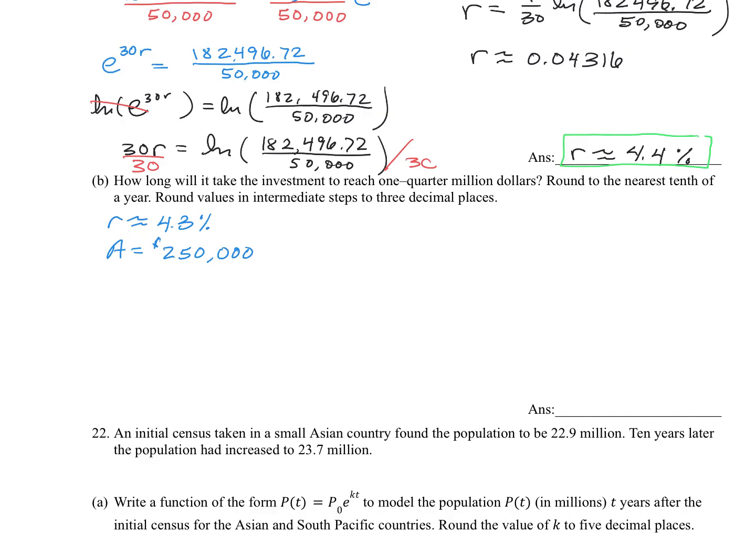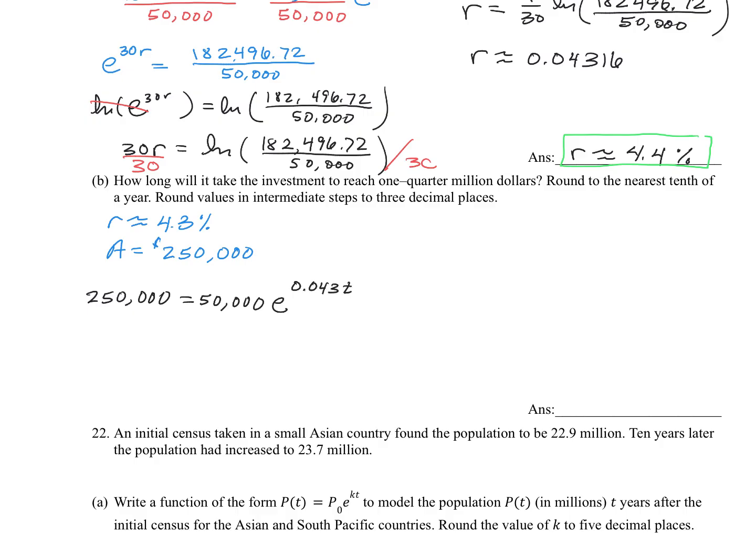And again, I want to have my money grow to a total of $250,000. So if I now set up my algebraic equation, I want to reach $250,000. I am starting off with the initial investment. That was $50,000. And that is now e to the 0.043t.